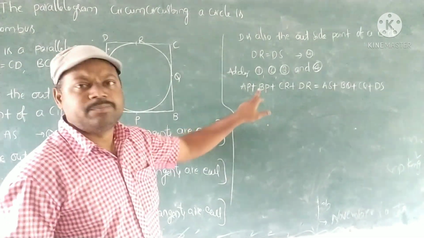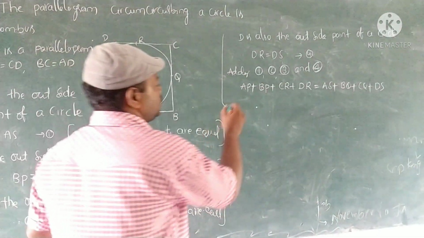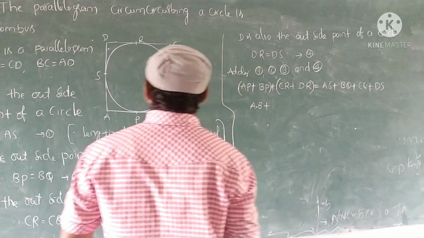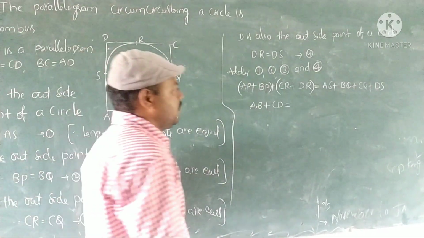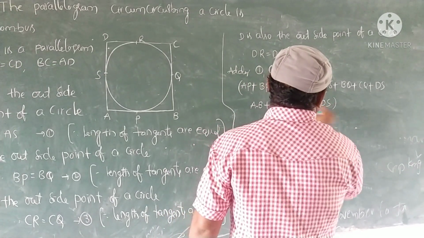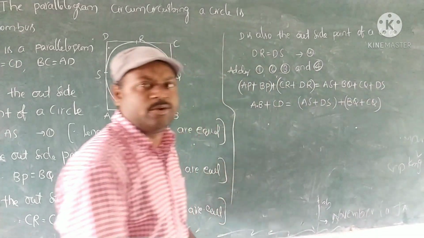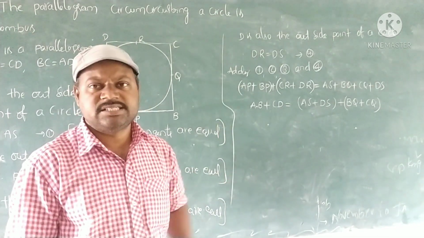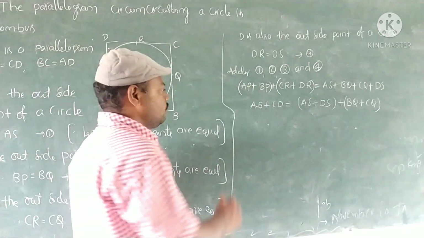Observe the diagram: AP plus BP means AB directly, and CR plus DR means CD. So AB plus CD equals, written in order, AS plus DS plus BQ plus CQ.